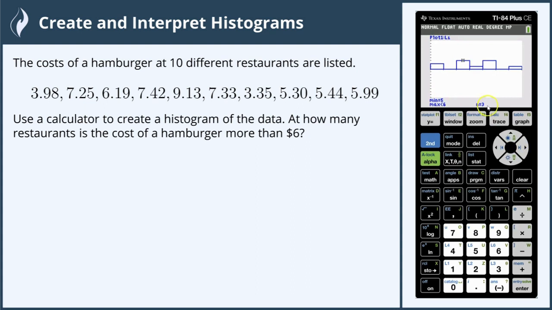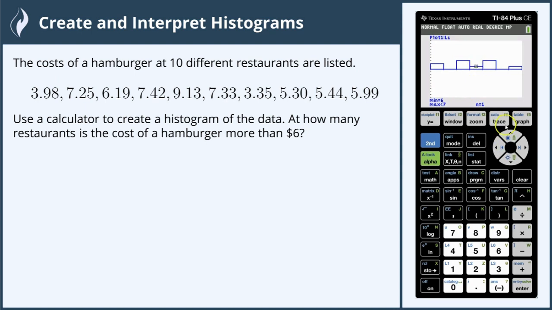From 5 to 6, we have 3 hamburgers. From 6 to 7, we have 1. And from 7 to 8, we have 3 hamburgers. Nothing costs between $8 and $9, so n equals 0. And there's 1, n equals 1 for n is less than 10, but still more than 9.